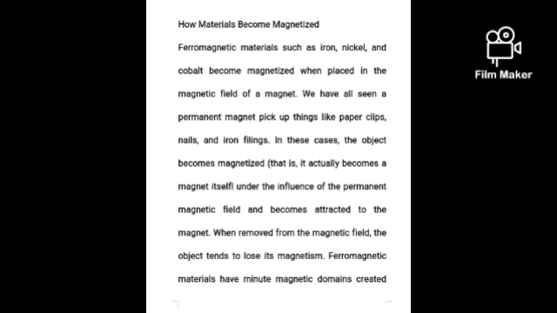Okay, now that leads us to another subtopic: how materials become magnetized. We are told that ferromagnetic materials such as iron, nickel, and cobalt become magnetized when placed in the magnetic field of a magnet. You see some electricians put a speaker down that has a magnet and then put their screwdriver on top.